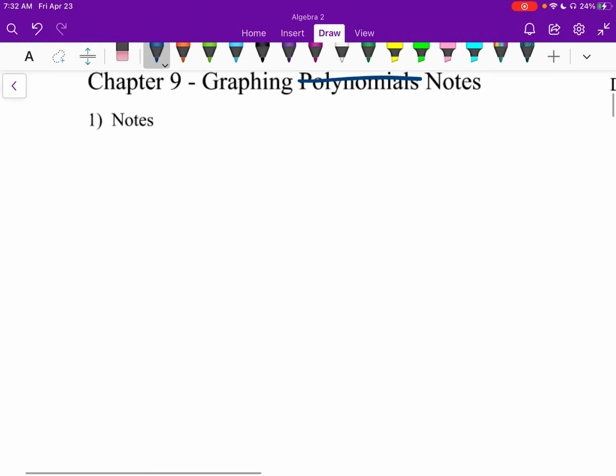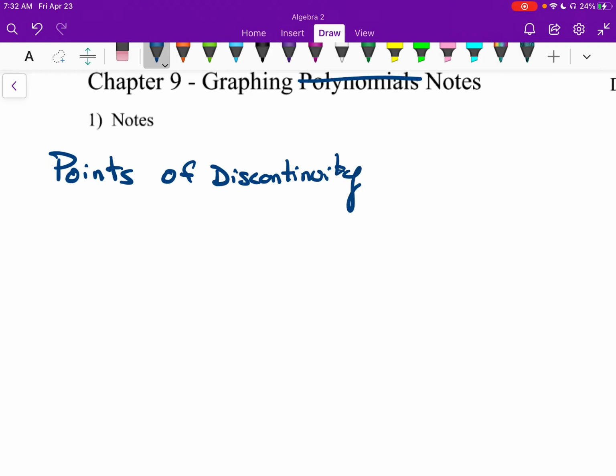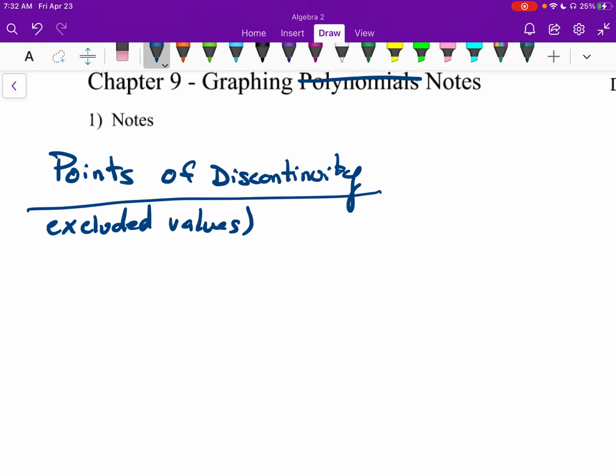Starting off, we talk about points of discontinuity. Right, and points of discontinuity are like the excluded values, right? They're the excluded values from last chapter, right?